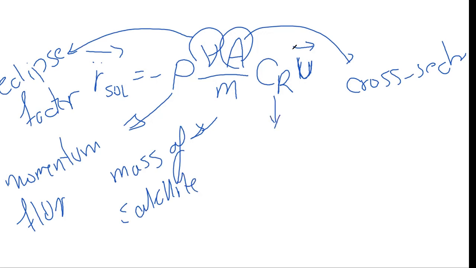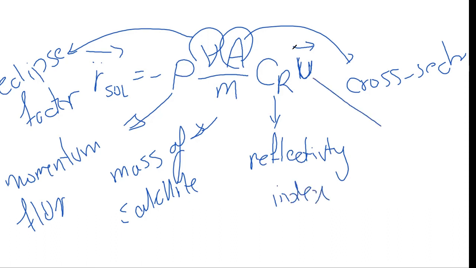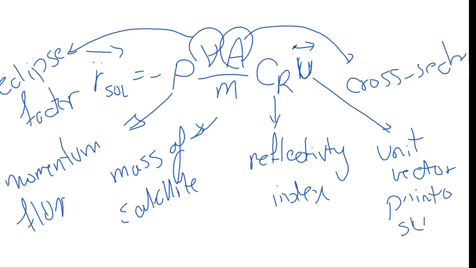C_R is the reflectivity index. And u is the unit vector pointing to the sun. What are these things?